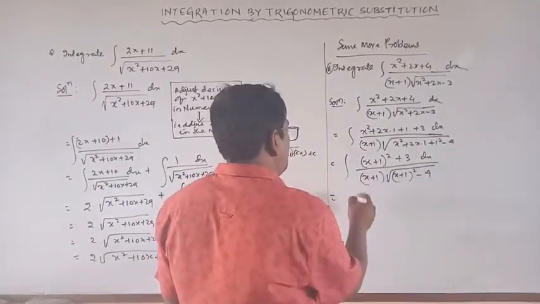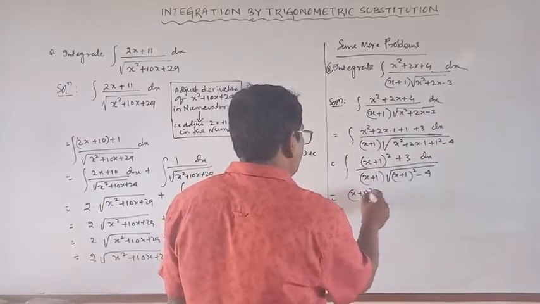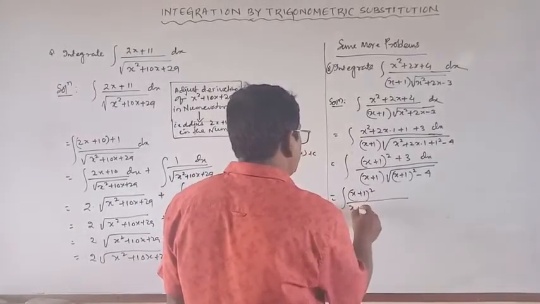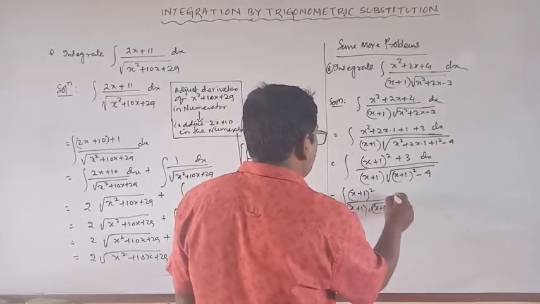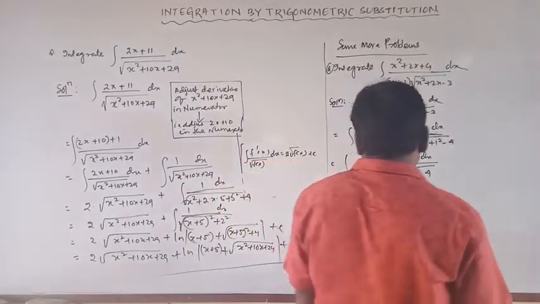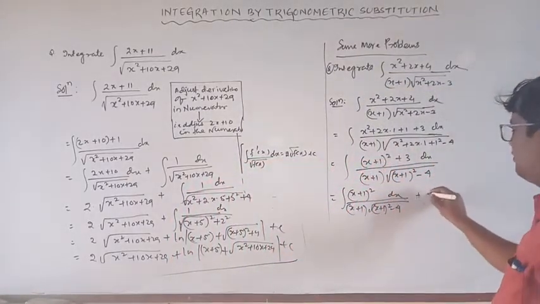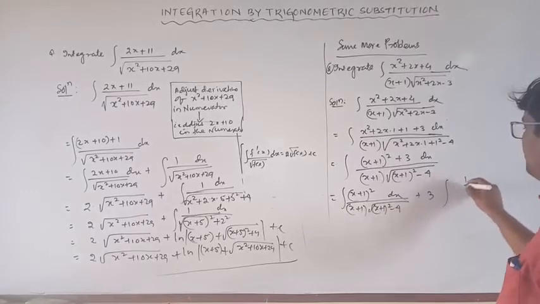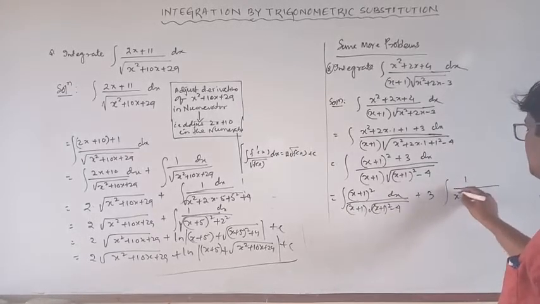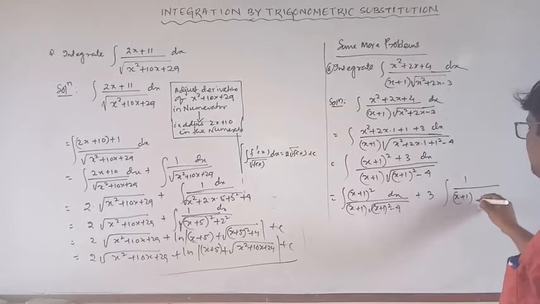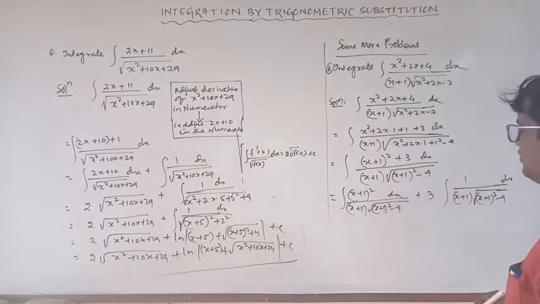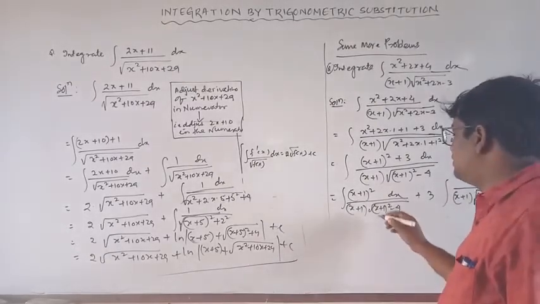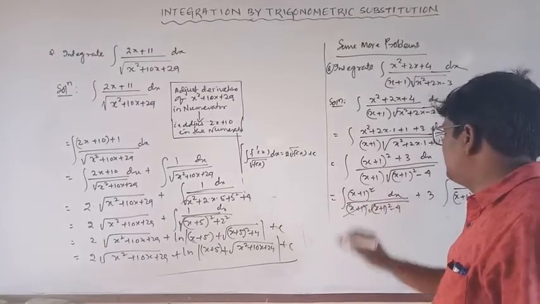So this is equal to (x plus 1) whole square integration by x plus 1 into root over (x plus 1) whole square minus 4 into dx, and this is 3 into 1 by (x plus 1) into root over (x plus 1) whole square minus 4 into dx. One term here cancels. This is okay.